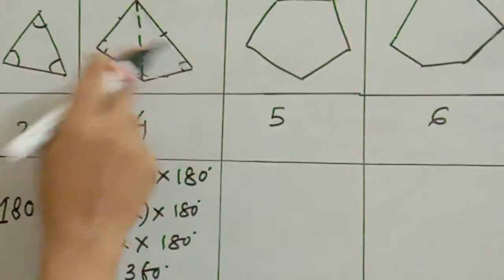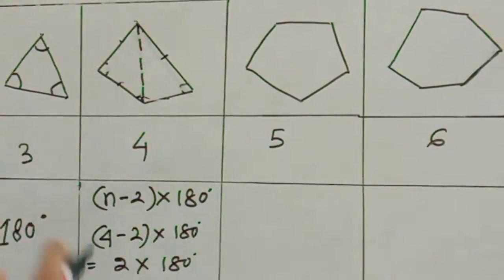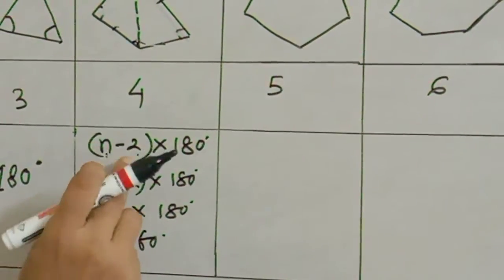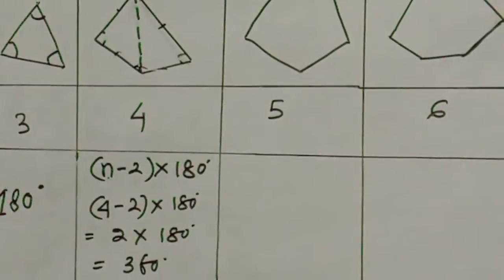You can see that two triangles can be formed by joining a diagonal. So the formula is n minus 2, where n means the number of sides, minus 2 into 180 degrees, the sum of the interior angles of a polygon.